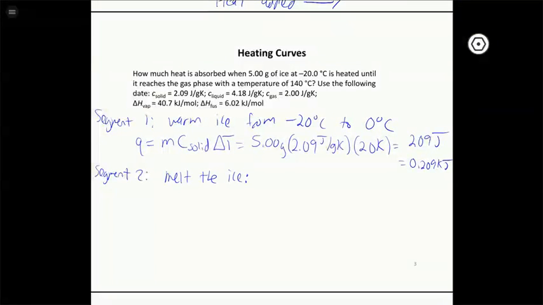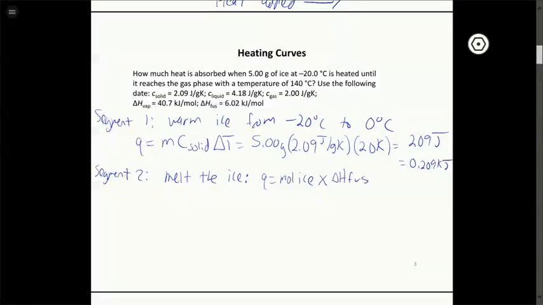So remember, fusion refers to the heat change associated with melting a substance, delta H for that process. And so to do that, the heat is going to be the moles of ice times delta H of fusion. Okay, because these phase change enthalpies are always kilojoules per mole, so we have to take the moles of ice that we have and multiply it by that number to get the total amount of heat that's associated with melting 5 grams of ice.